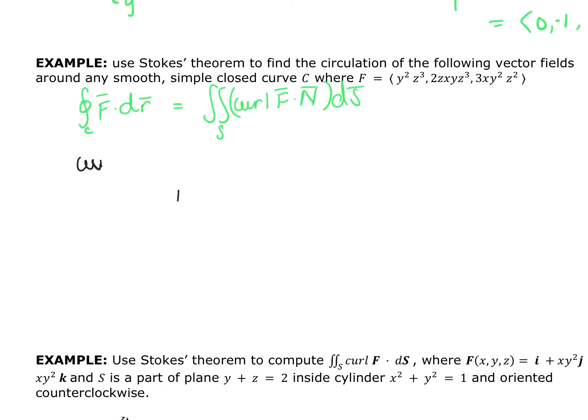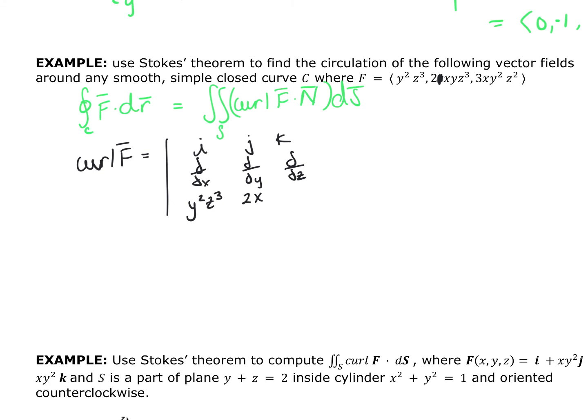Then the curl of f is going to be equal to the determinant with i, j, k on the first row, the next line the partial with respect to x, the partial with respect to y, the partial with respect to z, of y squared z cubed, 2x. That can't be right. Let me go check. There shouldn't be an extra z there, so let's get rid of that.